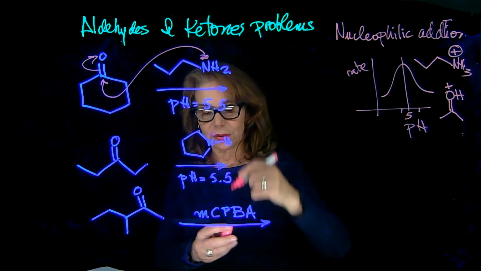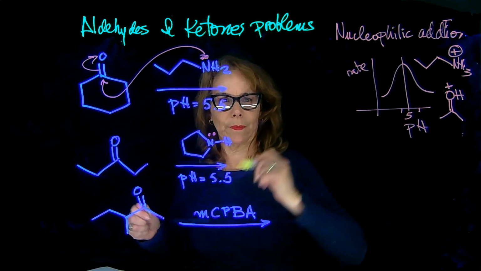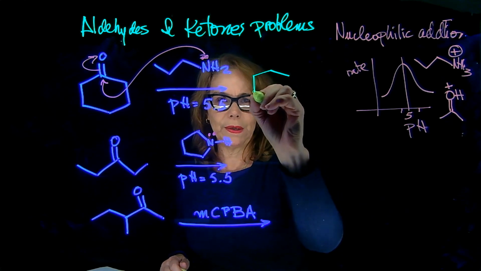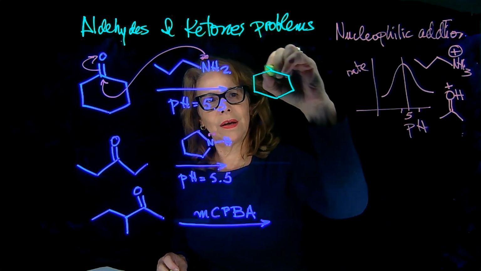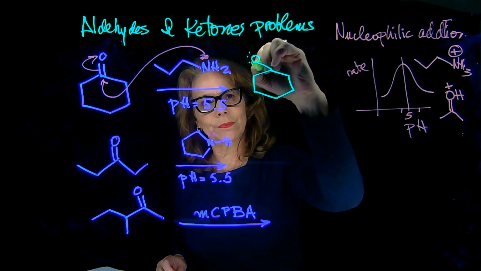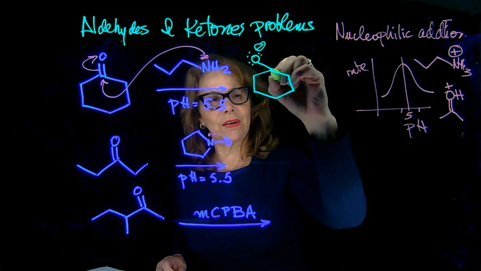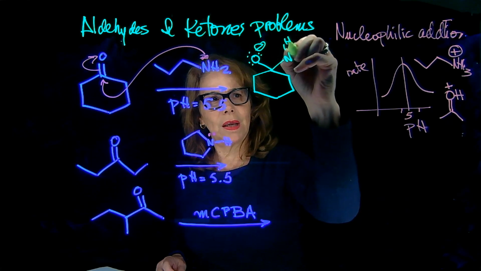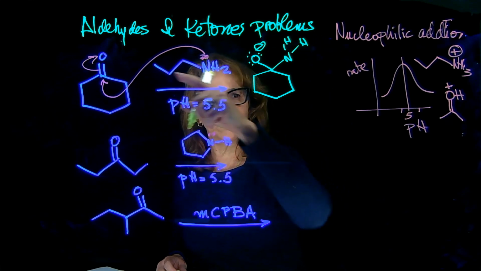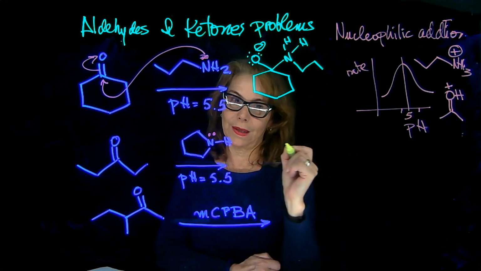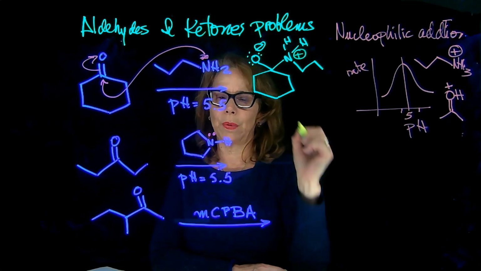So the initial compound that you form is, let me make it a bit smaller, I'm going to have O negative here. And now I'm going to have the N, with 2 H's and the R group. So that nitrogen is positive.